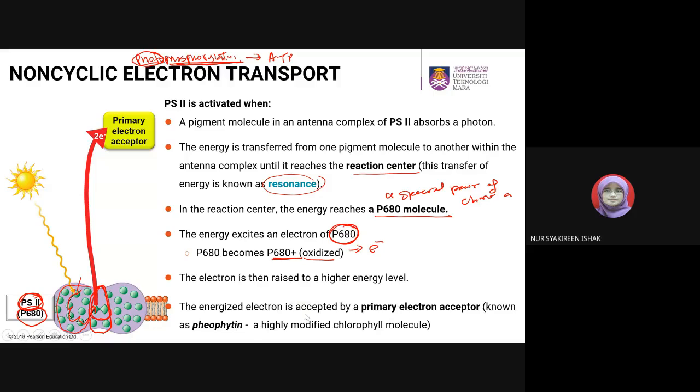So the electron is accepted by a primary electron acceptor known as pheophytin, which is a highly modified chlorophyll molecule. Okay, so it is another type of molecule. So ingat primary electron acceptor duduknya adalah dalam reaction center juga.